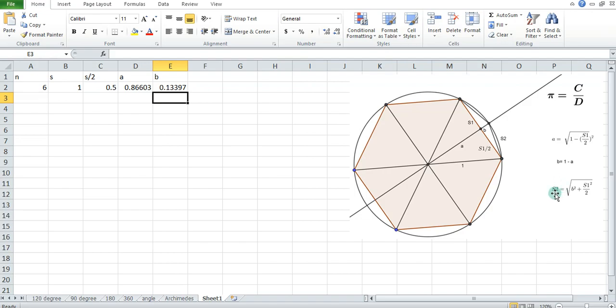Then we have to find the new polygon's one side value. So let's find new s.